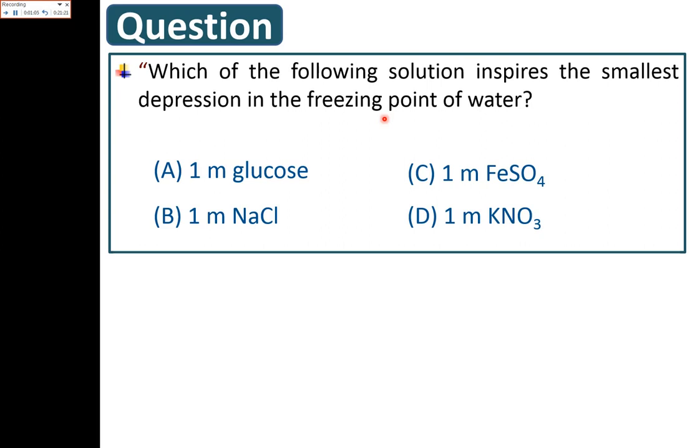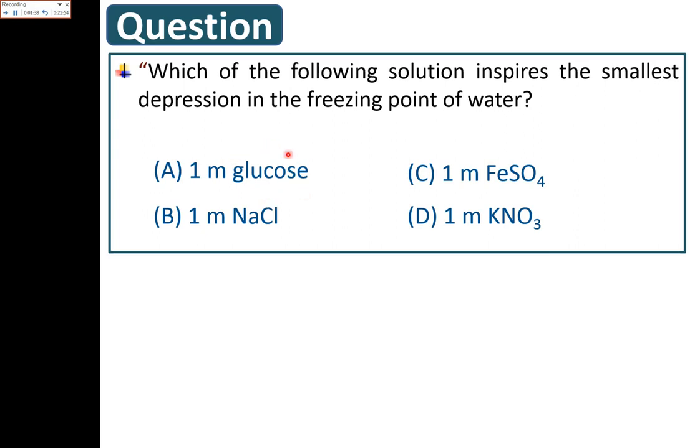Now if you look at all the salts here, the sodium chloride, the iron sulfate, and the potassium nitrate, all of them theoretically have a Van 't Hoff factor of 2. Only glucose will have a Van 't Hoff factor of 1, because it will not dissociate during dissolution in water.